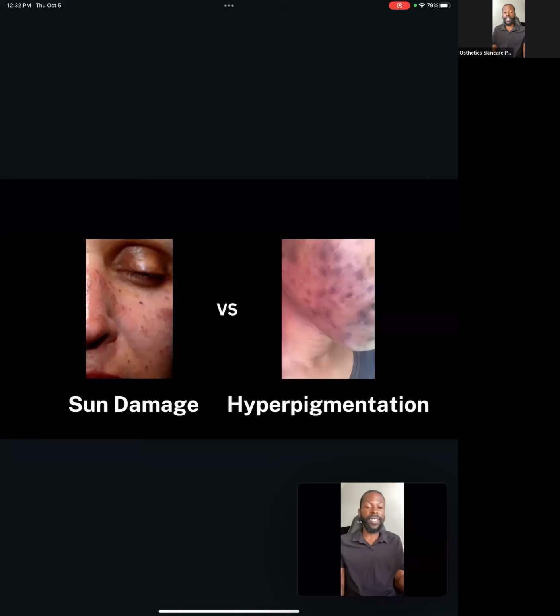Now that we understand eumelanin and pheomelanin, I'd like to see if we can tell the distinct difference today. So with sun damage, for anyone that has predominantly pheomelanin showing up in their skin, is this someone that can endure hyperpigmentation?